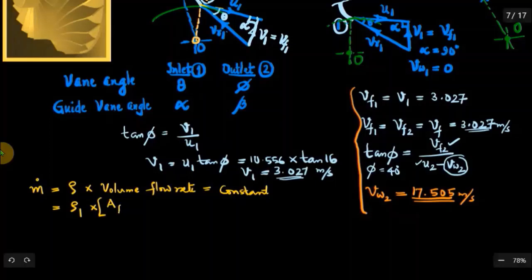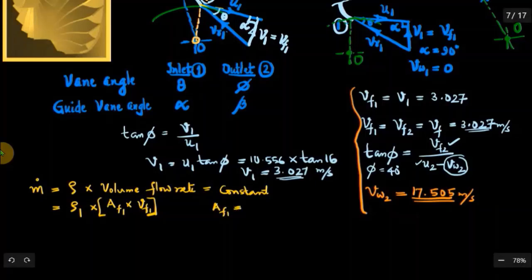At inlet, let me write the area of flow as AF1. So it is AF1 into VF1. For this kind of device, for centrifugal pumps, and even in the case of Francis turbines, we use this kind of relation for circumferential flow cases. And what is AF1?